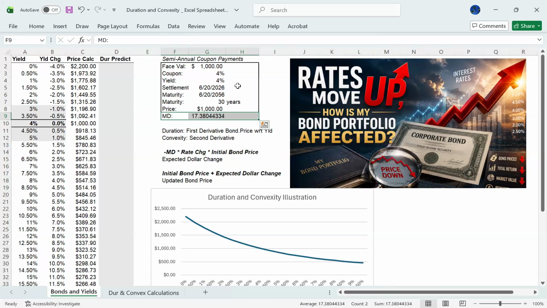One important thing is that the maturity is 30, and the modified duration, and even the Macaulay duration, is 17.38. This is telling us essentially, and another video would also explain more about that, that most of the price, most of this $1,000, is coming from the first 17.38 years of the life of the bond.